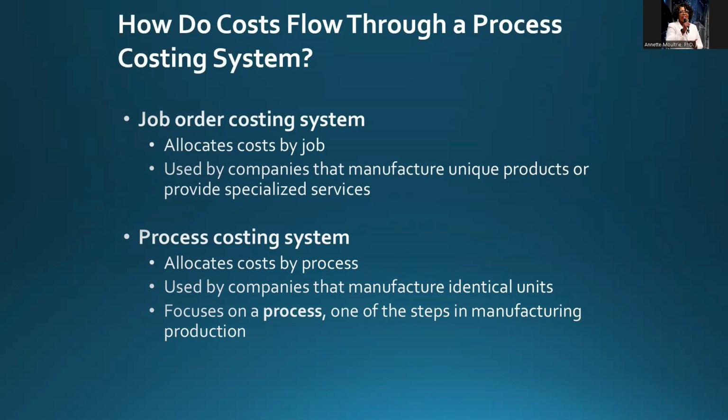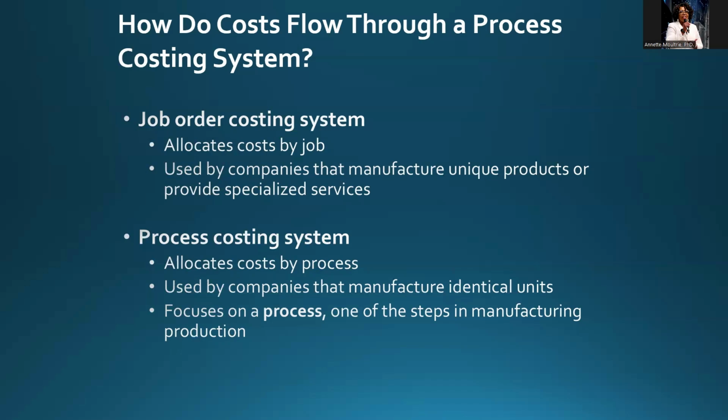Job order costing is an accounting system that tracks costs for each specific job or project. It is commonly used by companies that produce unique products or offer specialized services. On the other hand, some companies use a process costing system, which tracks costs by production process.